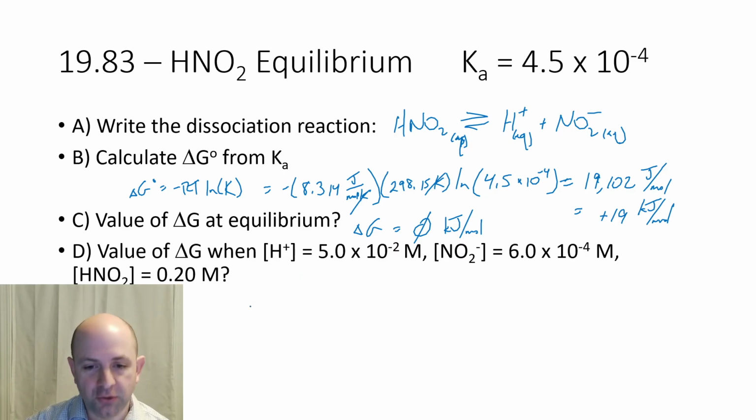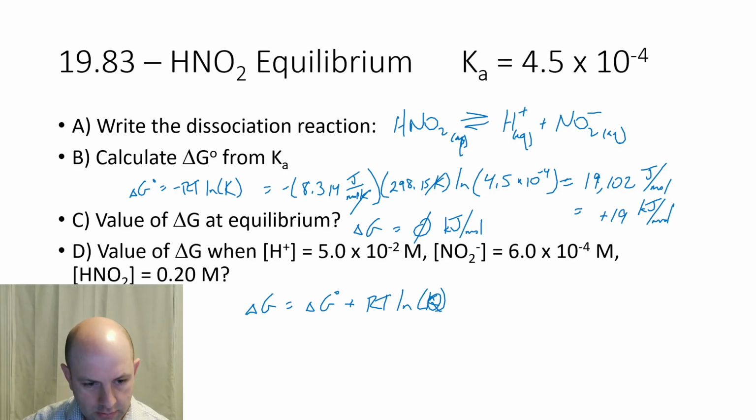For this, we use our equation that says the momentary delta G, at this moment, will always start out equal to our standard delta G, which we just found, that's convenient, plus RT natural log, not of K, but of Q. Because remember, same Q as chapter 15.